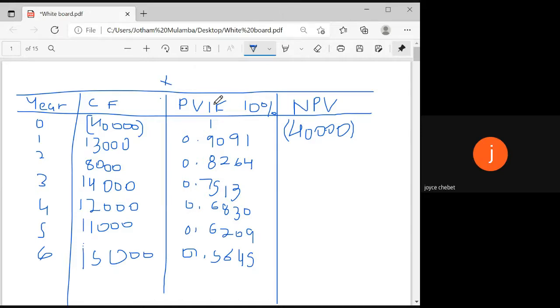11,818.3. Other members can also chip in. The next one: 6,611.2.